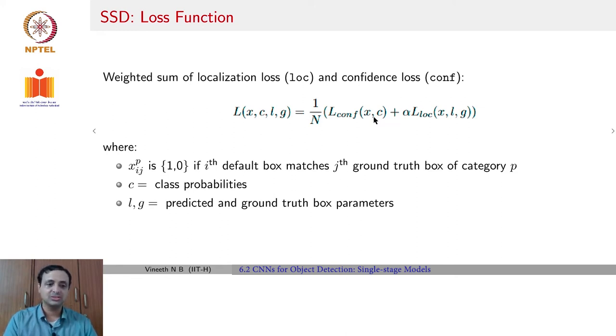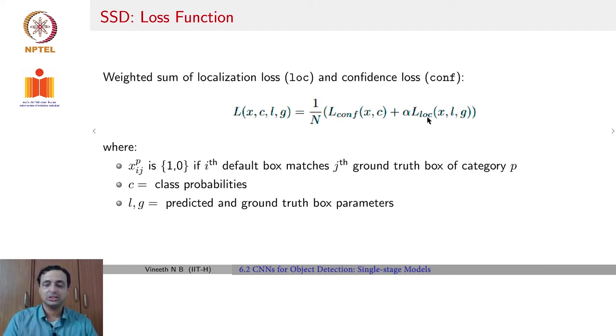The way the ground truth is written is x sub ij superscript p is given by 1 or 0 depending on whether there is an object or not. If the ith default box, or anchor box, default box and anchor box are synonymous here, matches the jth ground truth box of category p. That's the notation for these x's. And l and g are the predicted and ground truth box parameters.